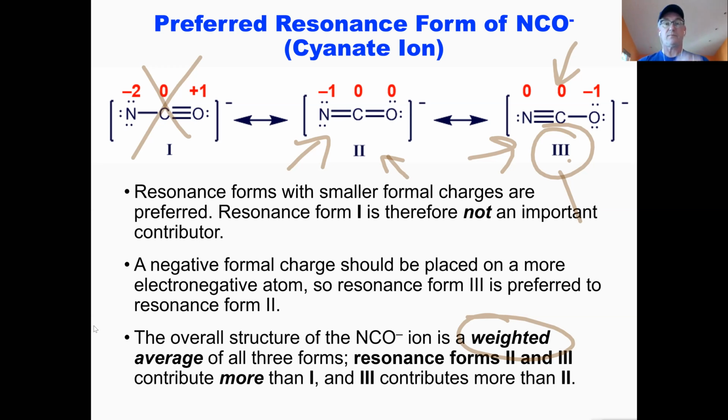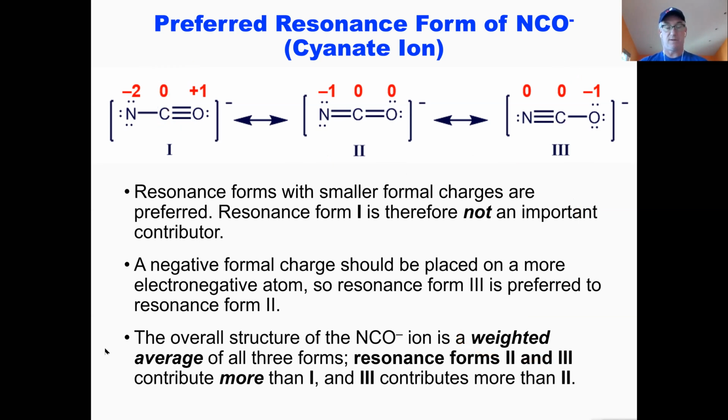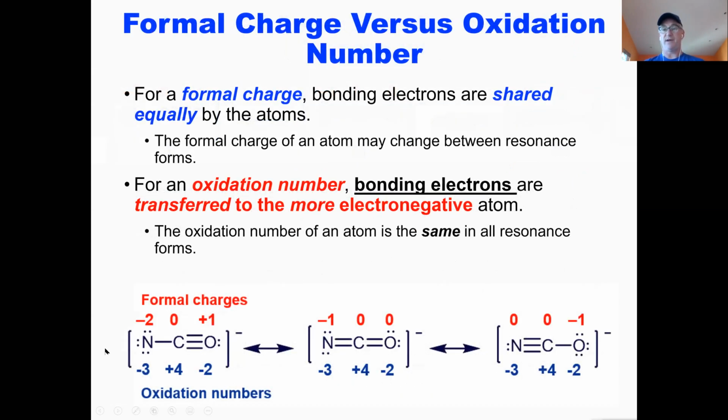So this is talking about formal charge. Now I'm going to introduce a new concept called oxidation number. I think we will get into oxidation reduction reactions, hopefully before the end of the term.